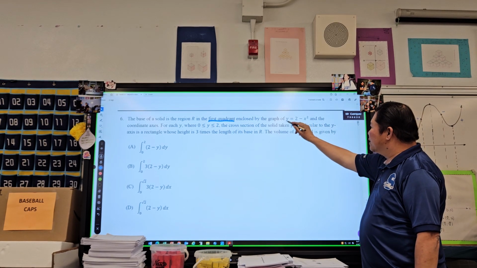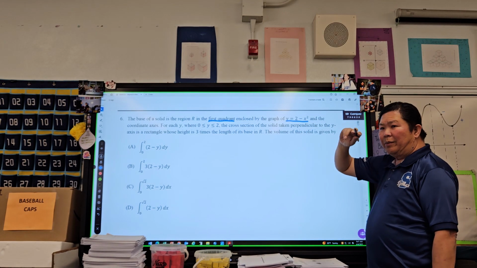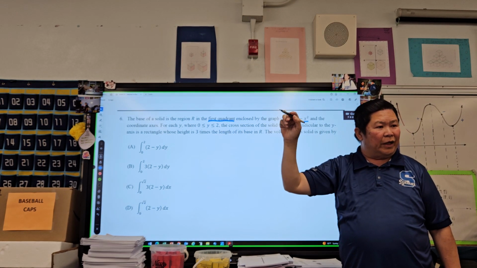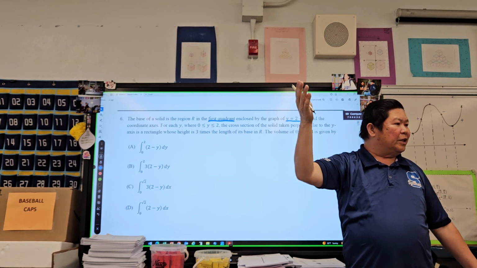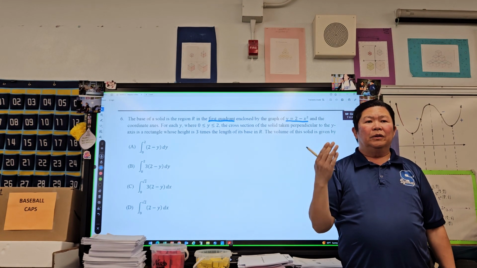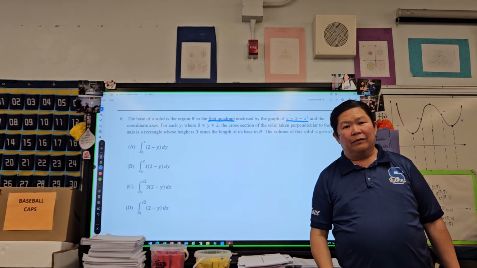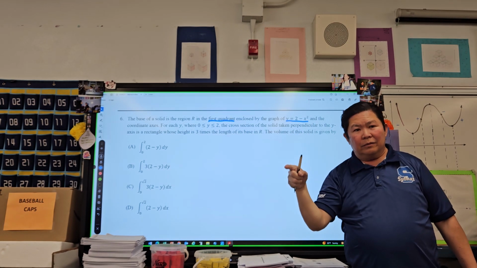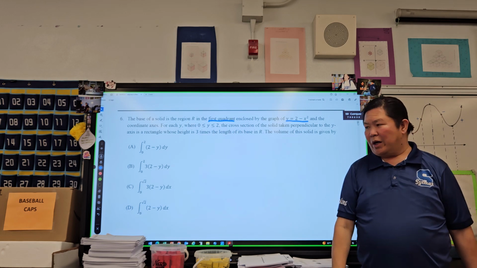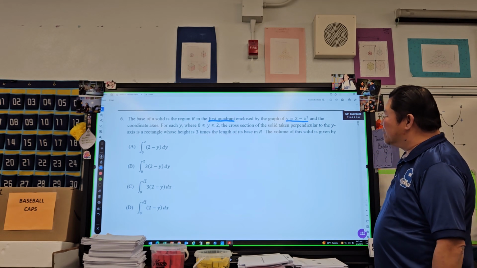So this means this is a parabola whose concavity is down, right? And then shifted 2 units up. So can you now imagine? You're going to have to estimate the graph. It's going to be up by 2 and then concave down. It's a parabola. Okay, and then what's next?